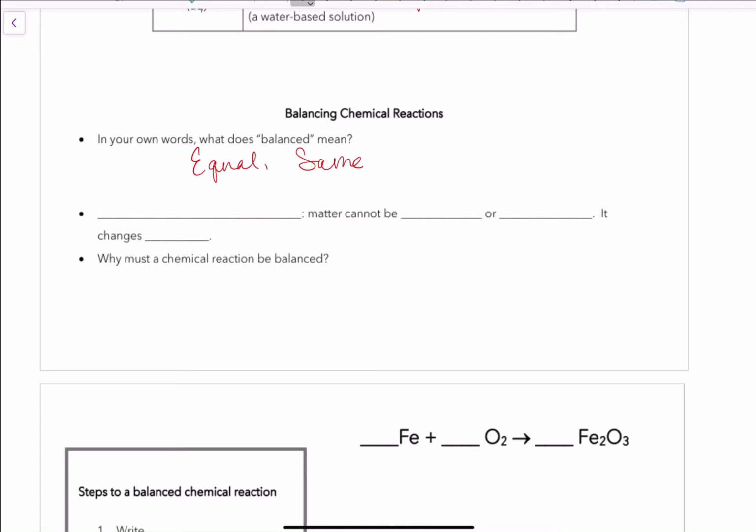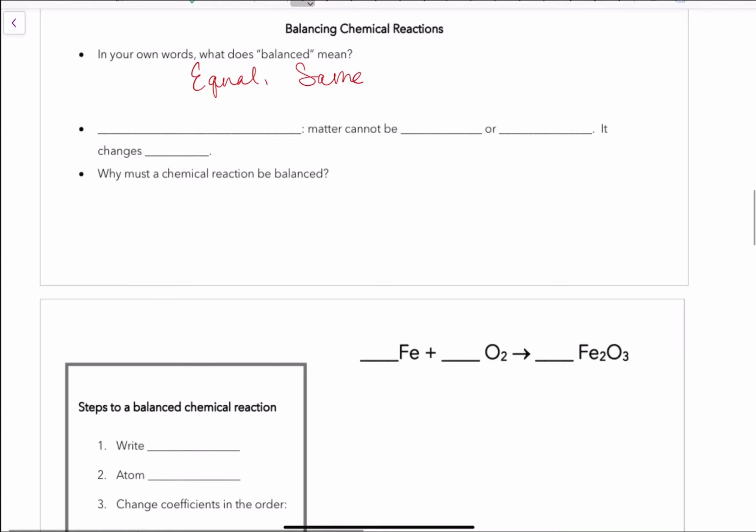But when we think about something balanced, or if something is balancing, we're trying to get them to be equal. We're trying to get them to be the same. So just as we think of balancing in normal terms, it's going to be the same thing for a chemical reaction. If you're wondering, well, why are we balancing chemical reactions in general? Why do these things have to be balanced?